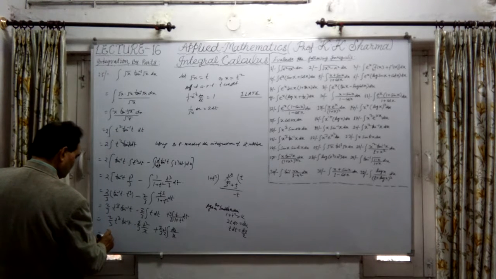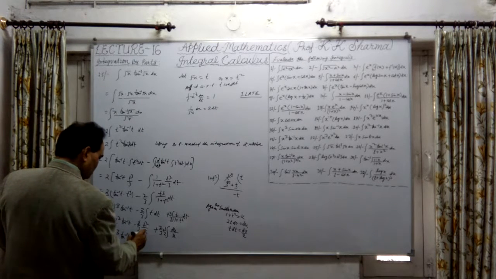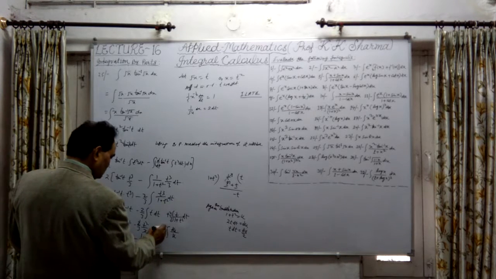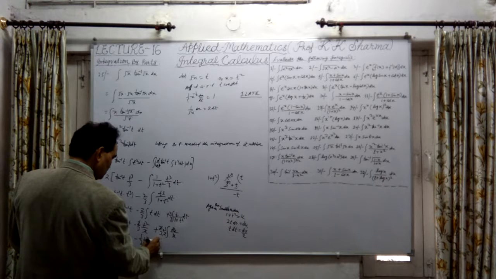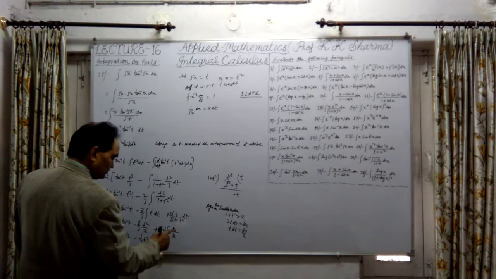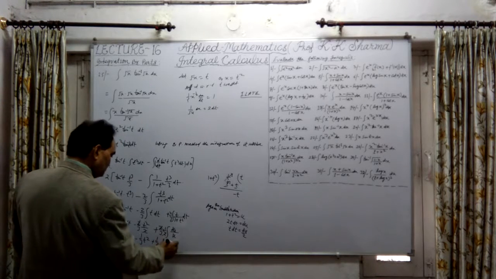Finally we get 2 upon 3 into t cubed into tan inverse t, minus 1 upon 3 t square, plus 1 by 3 log of u, plus constant of integration.